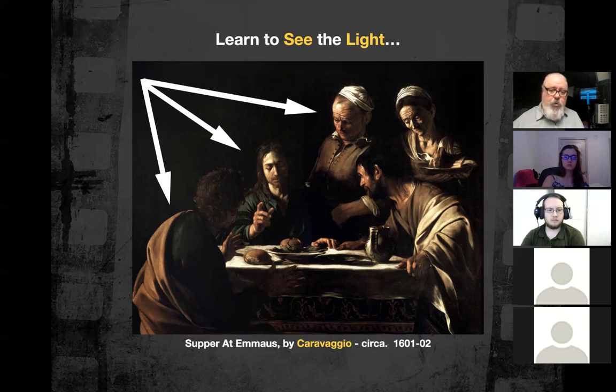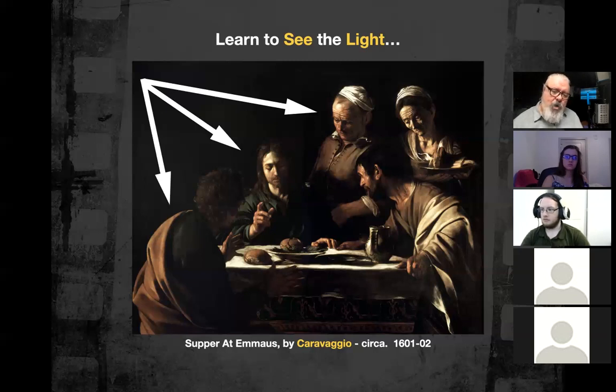That central figure has implications that one might say, well, this could be Jesus because of the way he's presented. It also bears a striking resemblance to Caravaggio himself, which was something that he did a lot in his paintings, use himself as the main character, and then put that character in a situation and then light it and render it in a way that has dramatic meaning.